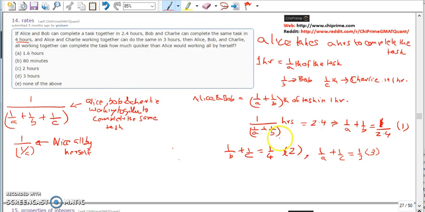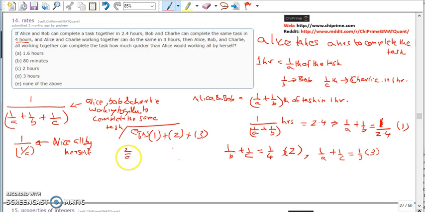Okay, now if you look at equations 1, 2, and 3, you see that 1/A plus 1/B is the left-hand side of equation 1, 1/B plus 1/C is the left-hand side of equation 2, and 1/A plus 1/C is the left-hand side of equation 3. So if you add all 3 equations together, you get twice of what you need, right?